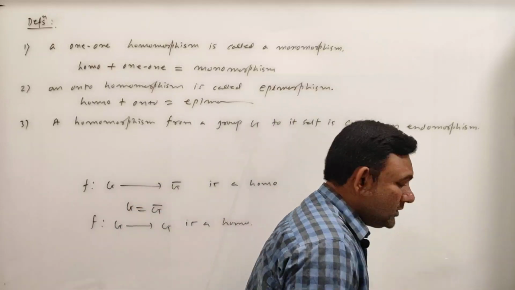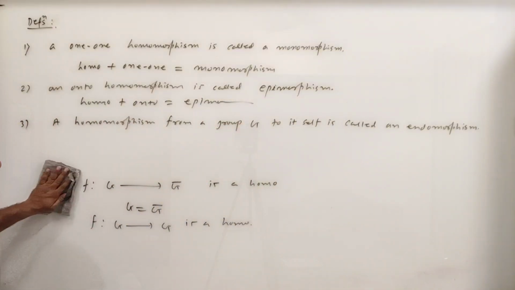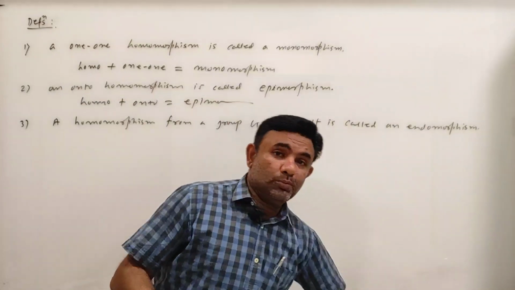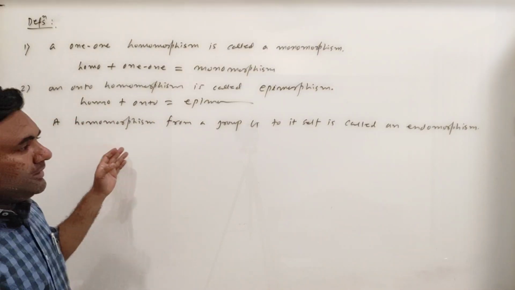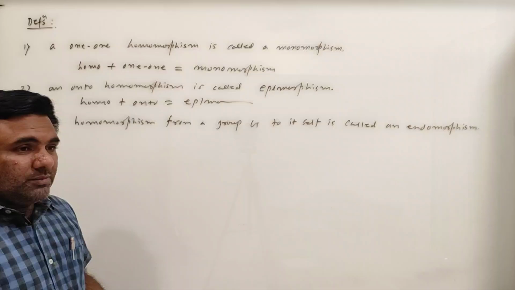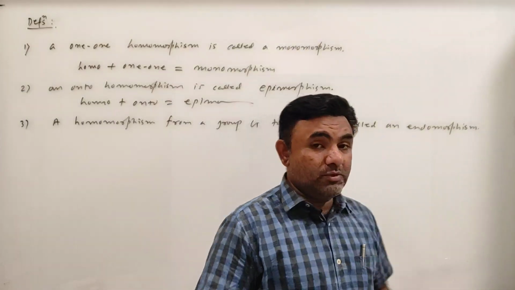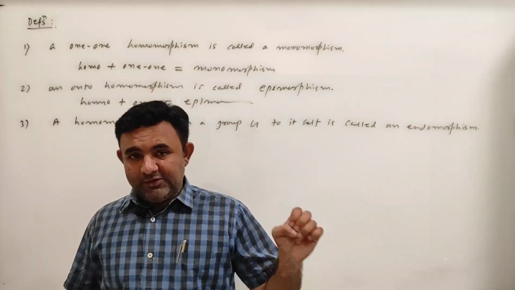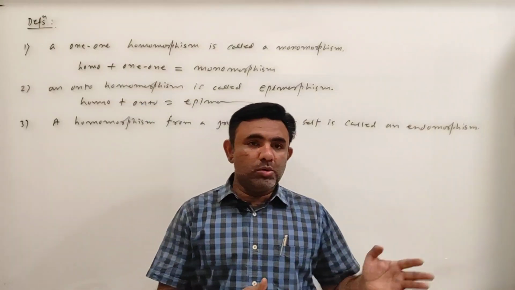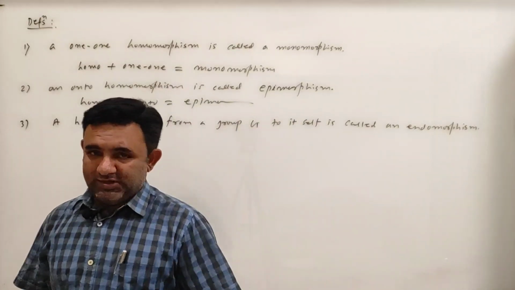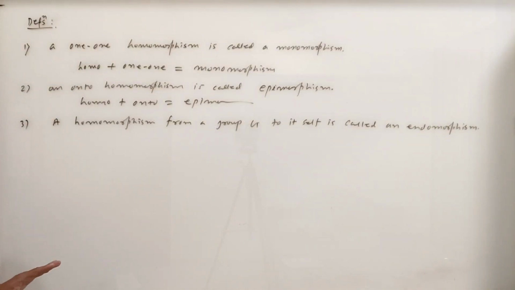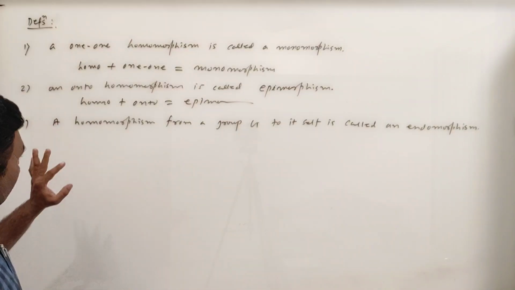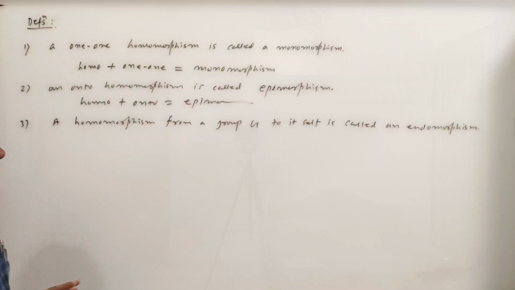It is just terminology, simply a special type of homomorphism, from group to itself, and we will see lots of examples of endomorphism: how many homomorphisms exist from Z10 to Z10, how many from Z12 to Z12, in general Zn to Zn, how many from Sn to Sn, etc. All these are endomorphisms, but we will refer to them as homomorphisms; this is just for information. That type of homomorphism is also known as endomorphism.